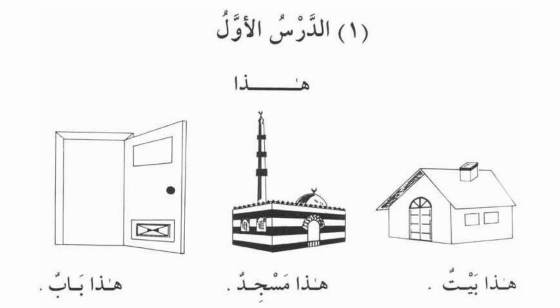And if you have a bag or a phone around you, and you want to say this is a phone, just say Haadha phone. I'm just using that as an example. Haadha masjidun. This is a mosque. Haadha babun. This is a door. Haadha baytun. This is a house.